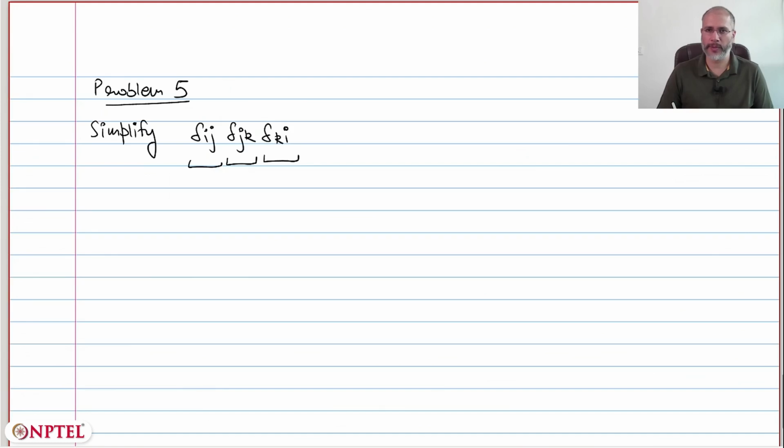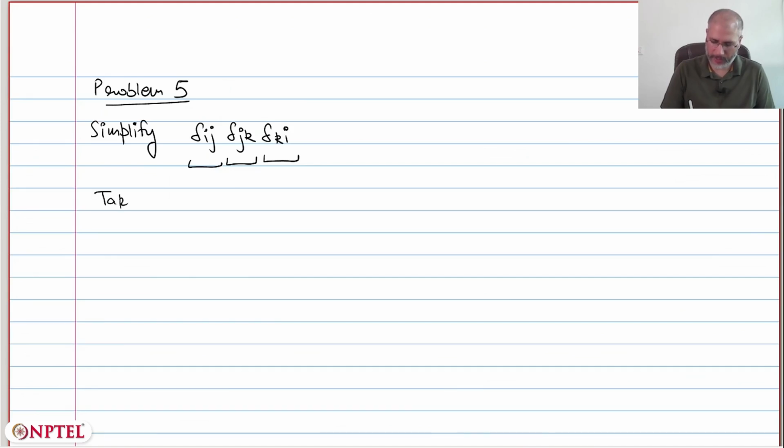So we go from left to right. We'll take the first delta on the left as the delta and the remaining expression as some expression. So we will take the first delta and let's take i as repeated.